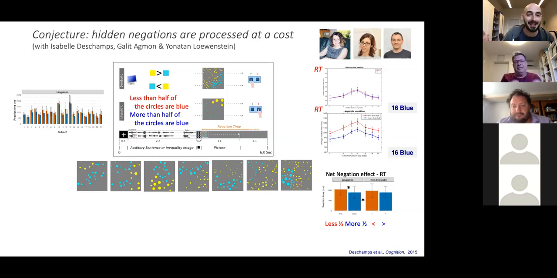What you call the net negation effect, right? Yes, this is an interaction effect. Exactly. So I wanted to ask you why do you need this interaction? Why do you need that, basically there is no difference in the two non-linguistic conditions, and then there is the difference of negation in the linguistic?